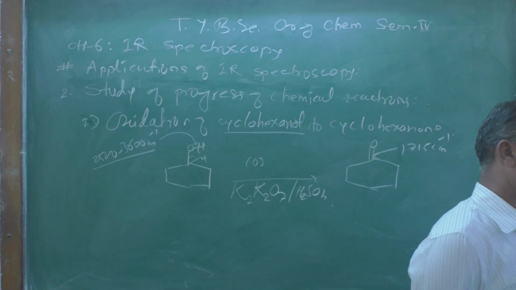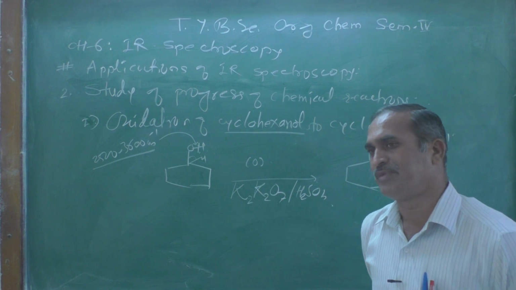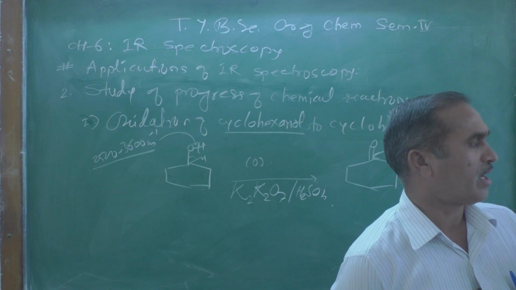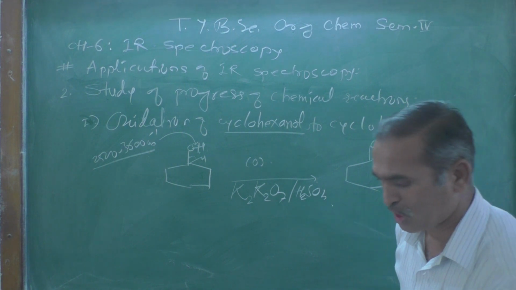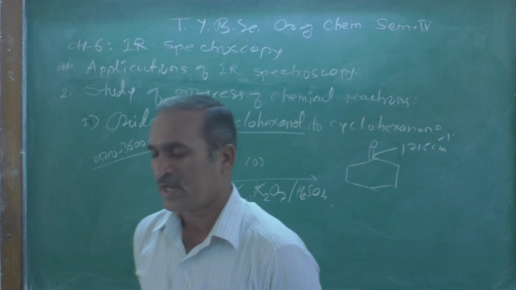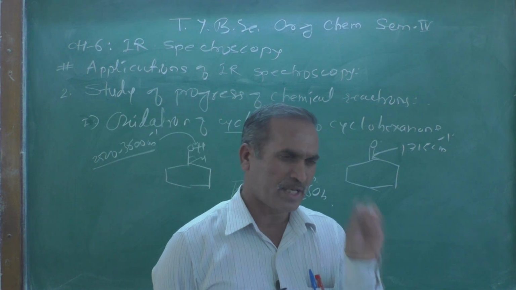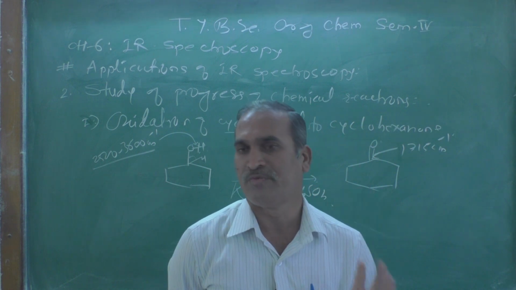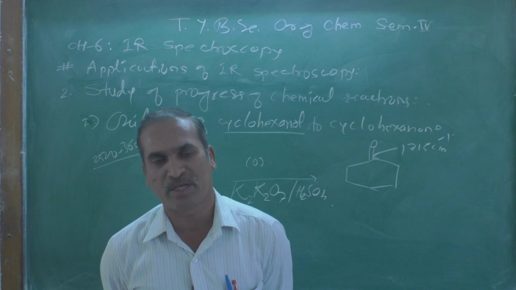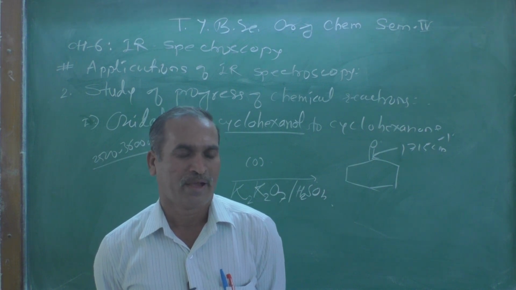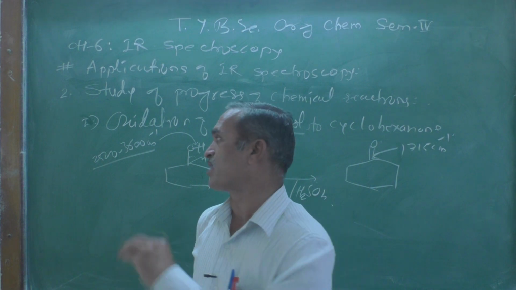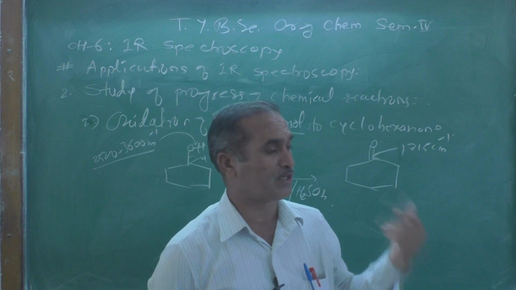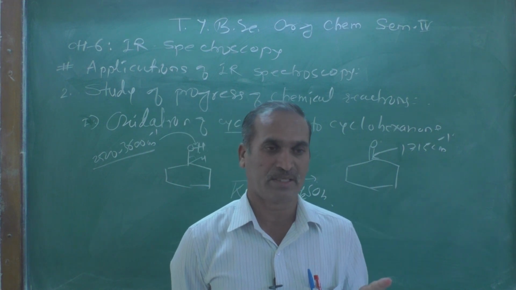Again, after some time, the sample is withdrawn and the IR spectrum is recorded, and in that spectrum only one recognizable peak is observed, around 1715 per centimeter, while the band around 2500 to 3600 per centimeter is absent completely.